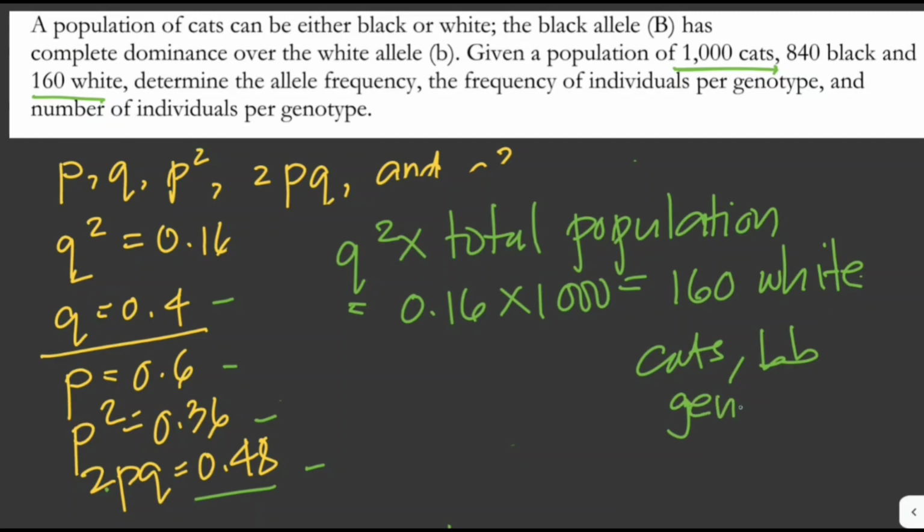If we add them up, the white cats' genotype and the black cats, which we previously solved, that would be equivalent to the total population of 1000 cats.